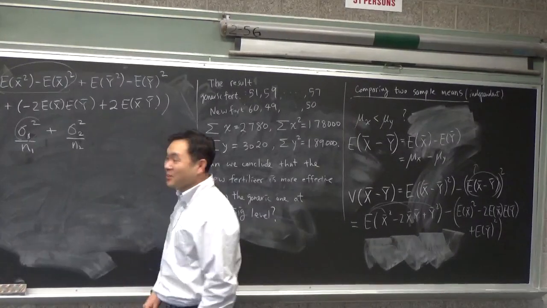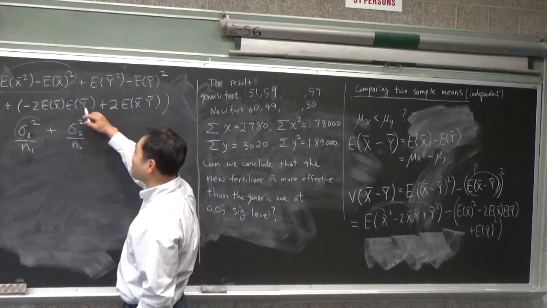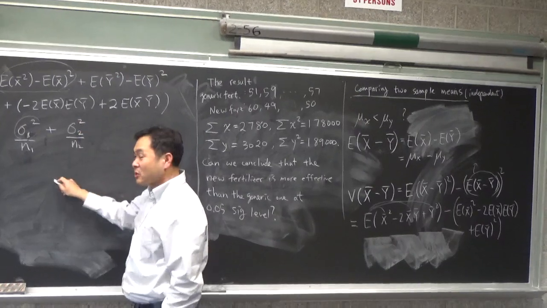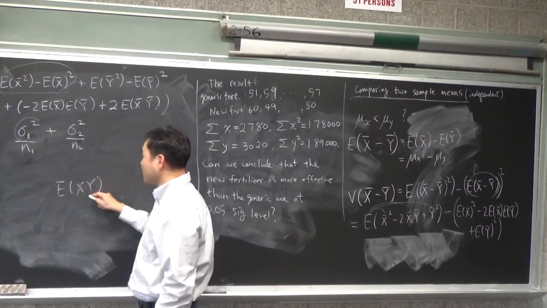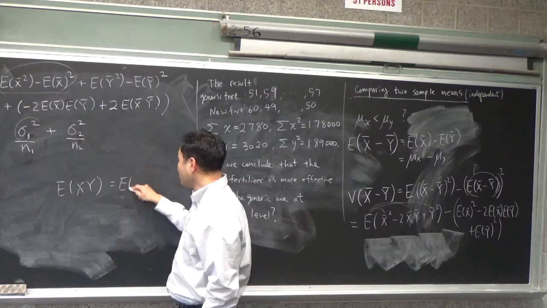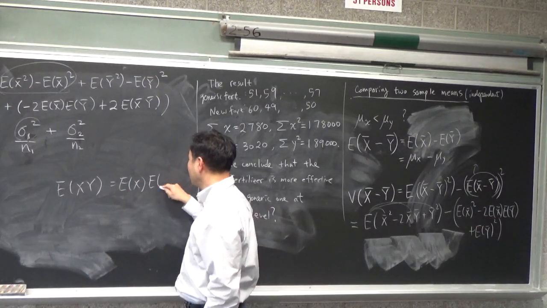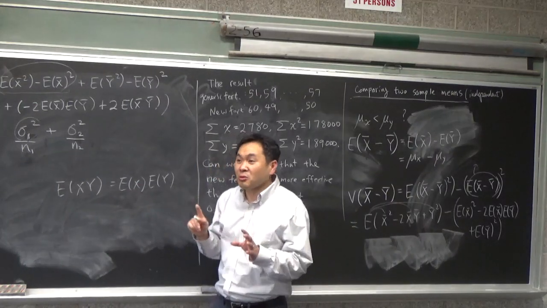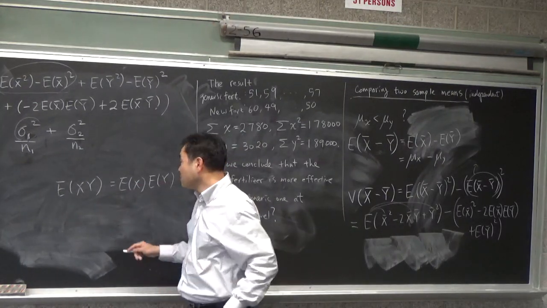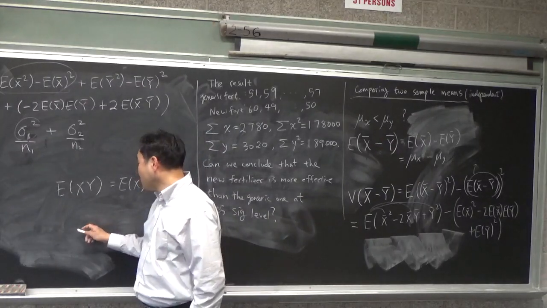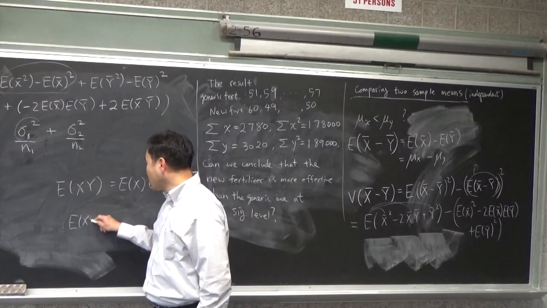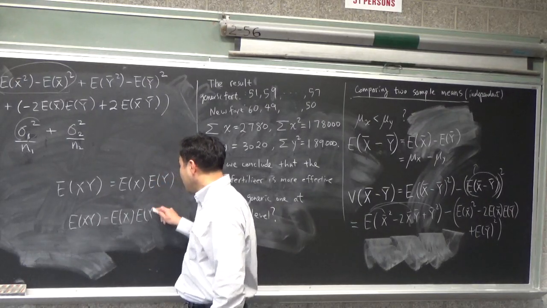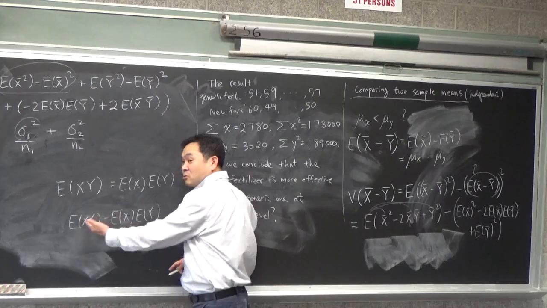Yes! That's perfect. Wow, I didn't expect anyone to catch that. So we know that if two random variables are independent, then this is true, right? Now, in general, if there is some kind of correlation between the two, then it's not true that they're independent. So you can think of something like this quantity, E of xy minus E of x times E of y, to see how much they differ.